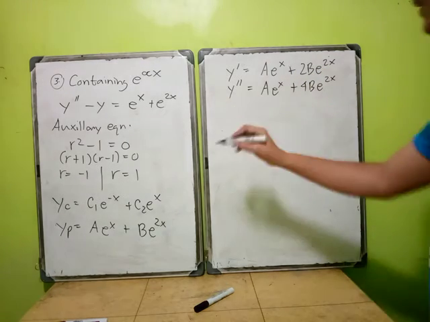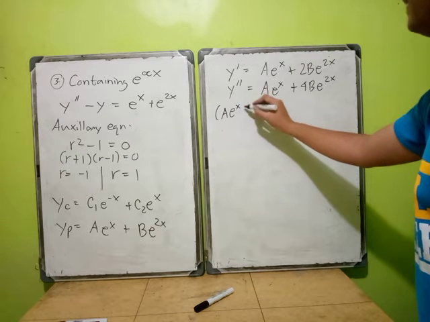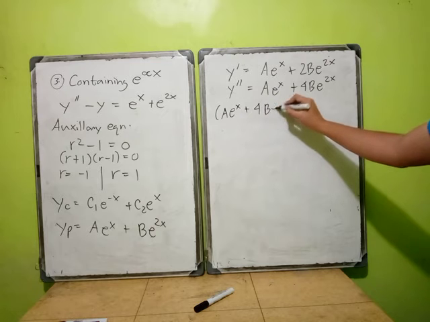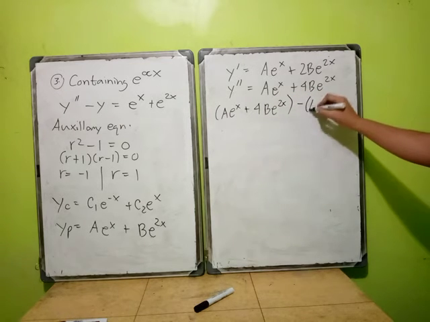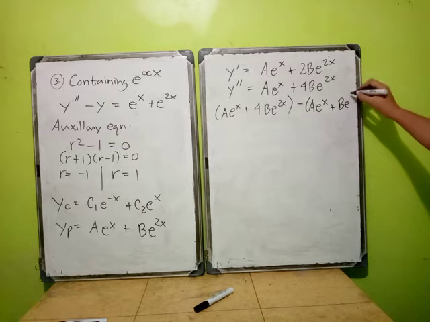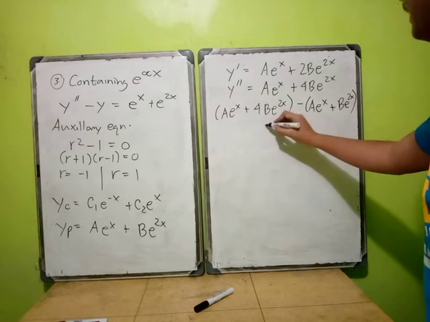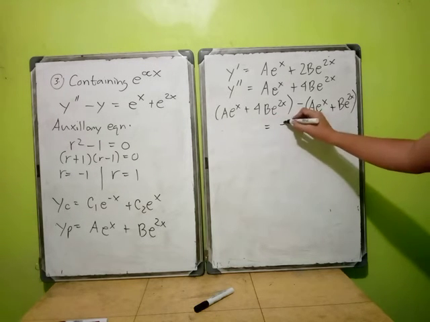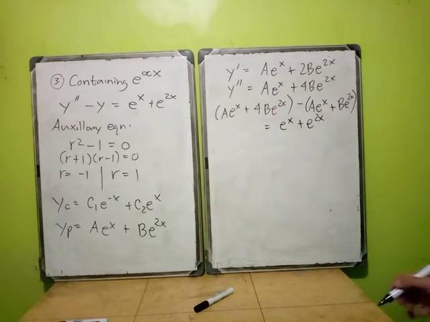So we replace it. We get a e to the power of x plus 4b e to the power of 2x minus y, which is a e to the power of x plus b e to the power of 2x, which is equivalent to e to the power of x plus e to the power of 2x.